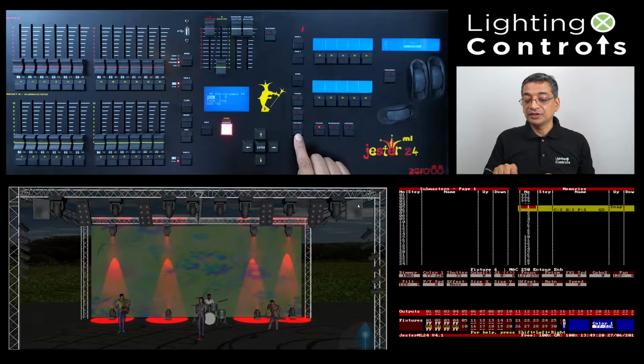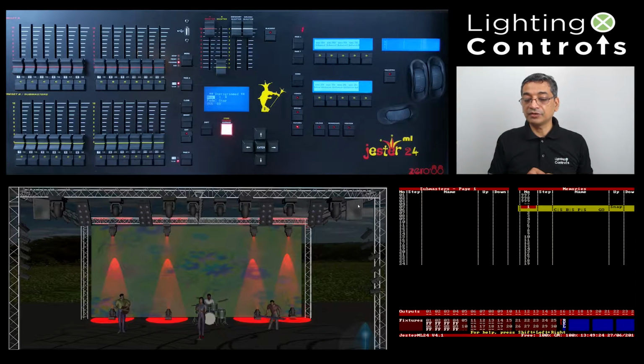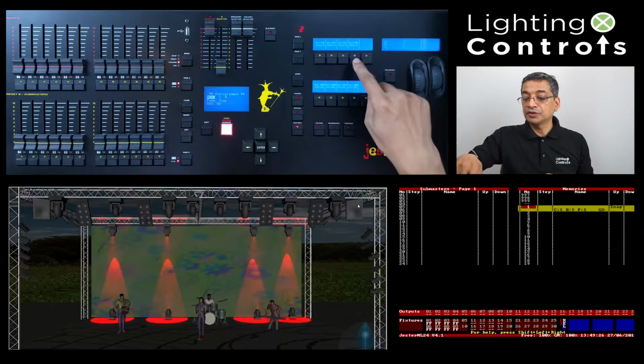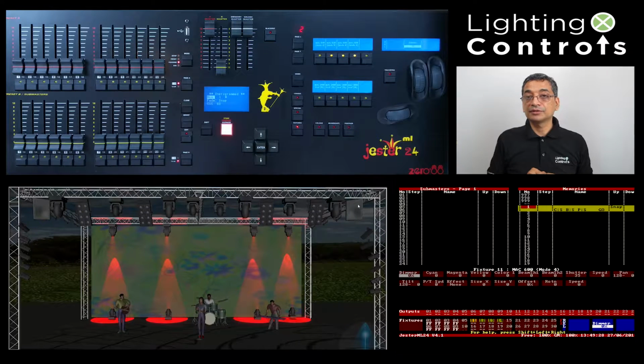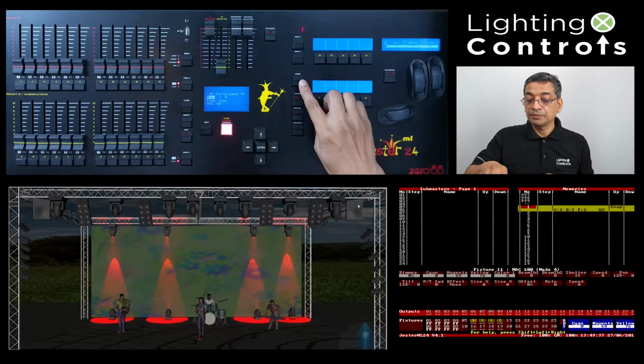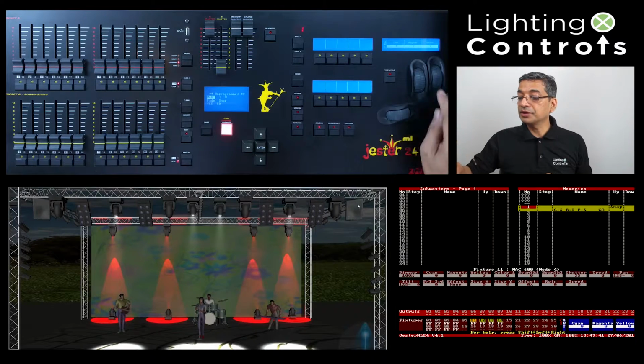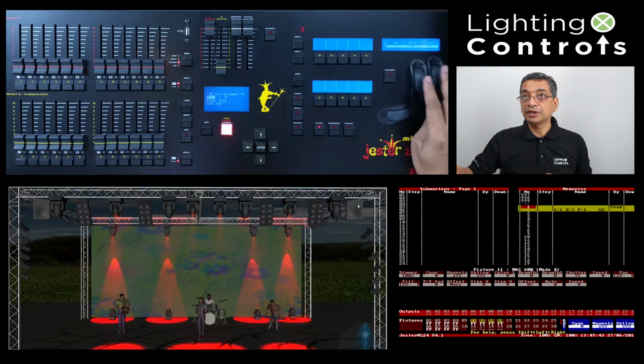Next, go back to fixtures, unselect the MAC 250s, go and select the MAC 600s, go to color, and we will go to fixtures and we'll home those fixtures, go back to color, and we'll try to get a red by bringing up the magenta and the yellow.